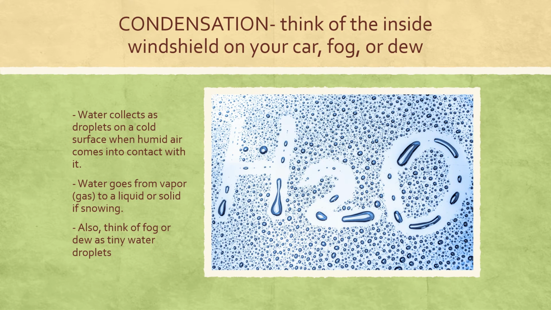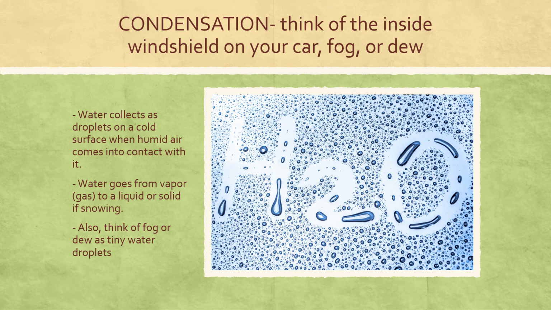From evaporation and transpiration, this leads us to what's called condensation. As water vapor cools, it changes back from a gas to tiny droplets of water. Lots of droplets of water together make the clouds. And if you think about water collecting on a cold surface, when humid air comes into contact with it, that's condensation.